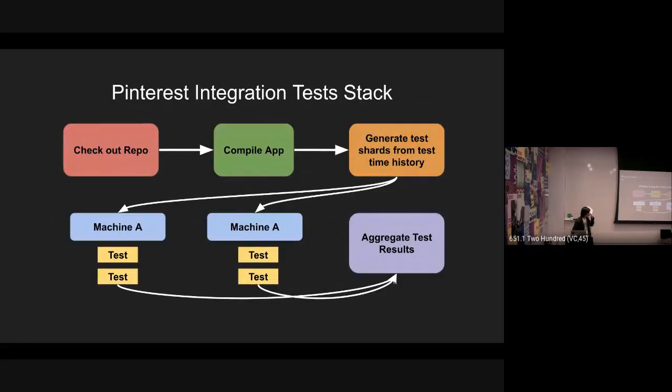This is just a general overview of how our test stack is. And these are actually the steps that run on our automation tools. So you check out the repo, you compile the app, and this orange step is actually the most important part. You generate test shards from your test time history.